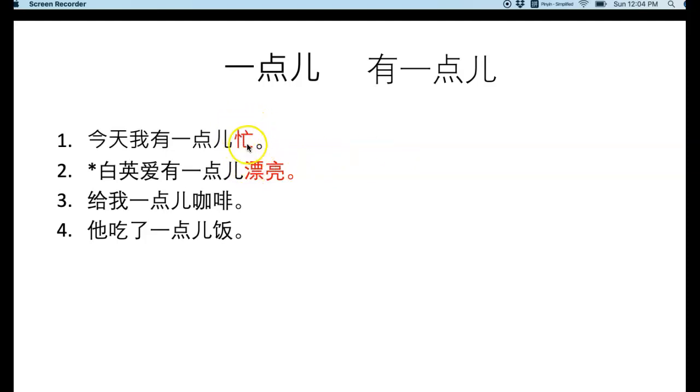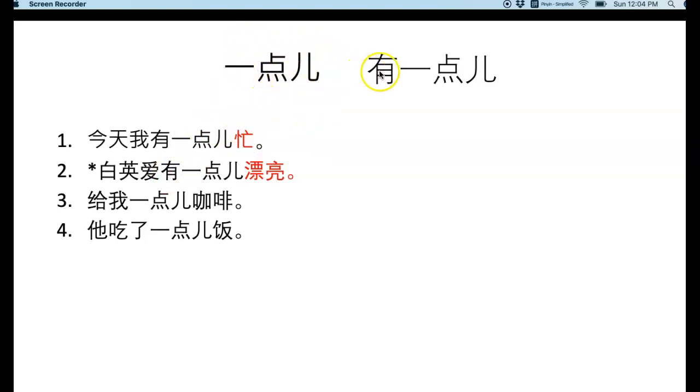Like in sentence 1, 忙, nobody wants to be busy. That's why this is grammatically accepted.